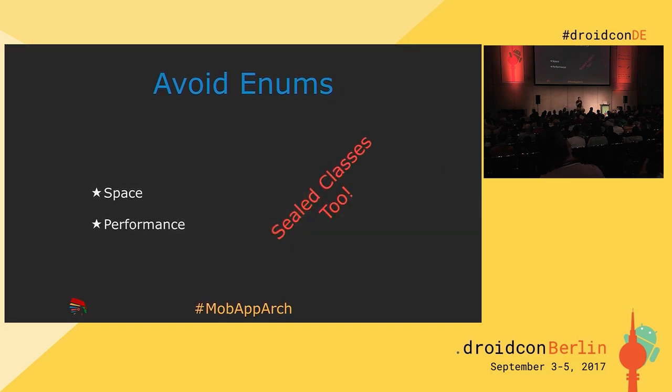The same thing applies to sealed classes if you are using them in a when. For those who don't write Kotlin, a switch, Kotlin's switch, okay? If you use a when, if you use sealed classes only for the purpose of going through different use cases in the when, then that is not the best option, okay?